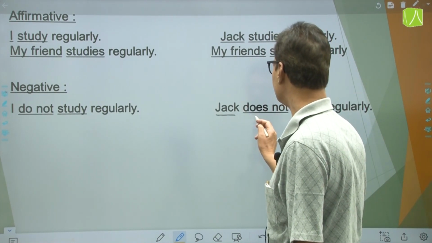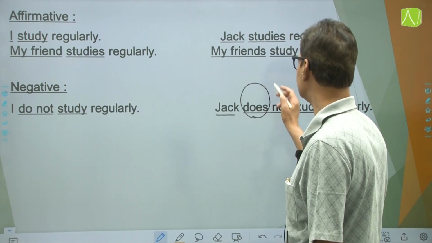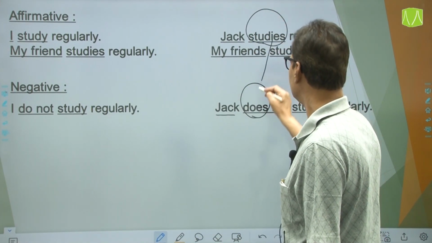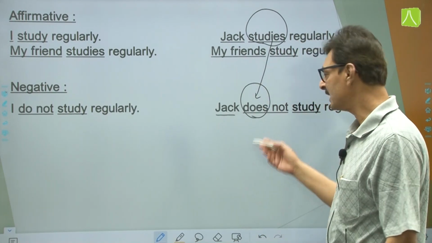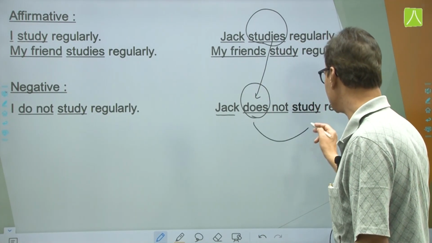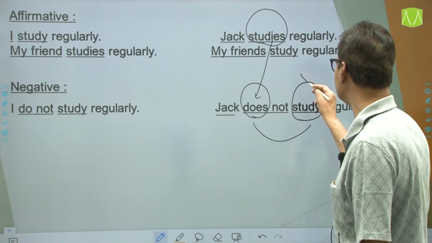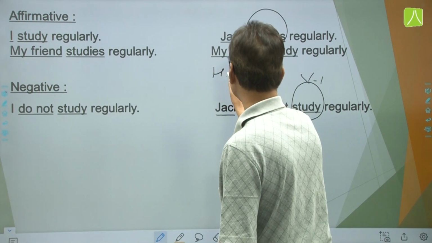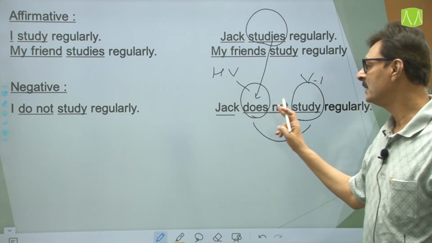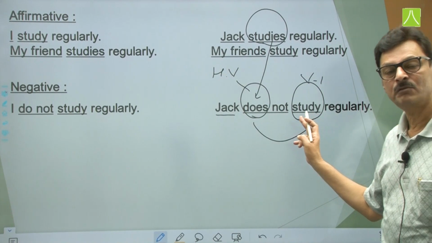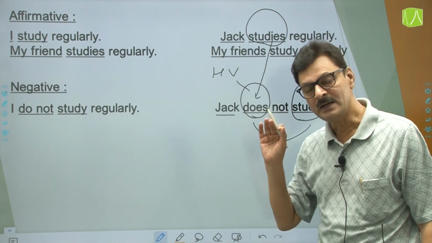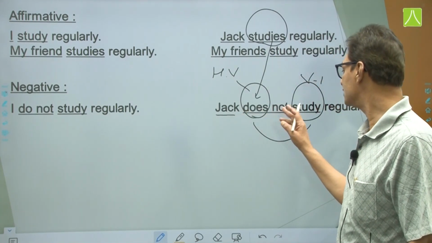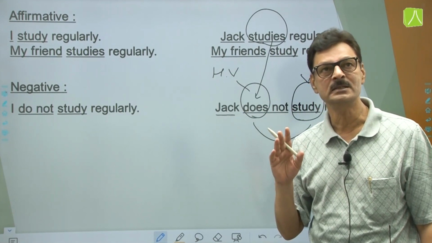Jack सिंगुलर है, so the helping verb becomes does. यहाँ पे studies था, so this es जहाँ भी होगा it becomes does. ये not लग गया and helping verb के बाद always it will be the first form, that is V1, and this does is the helping verb in this statement. Helping verb के बाद friends याद रखना, it will always take V1. Don't say Jack does not studies regularly, it is incorrect.